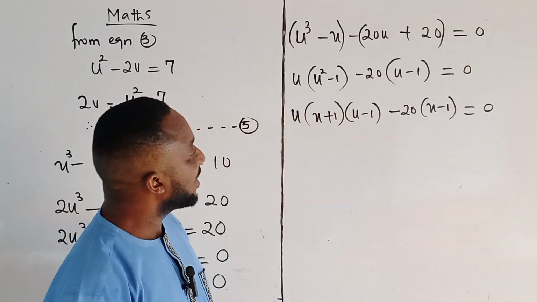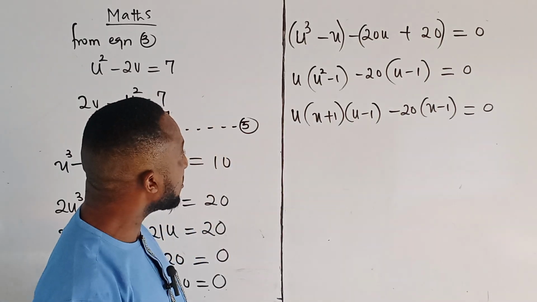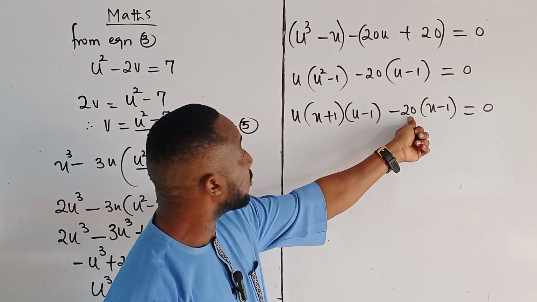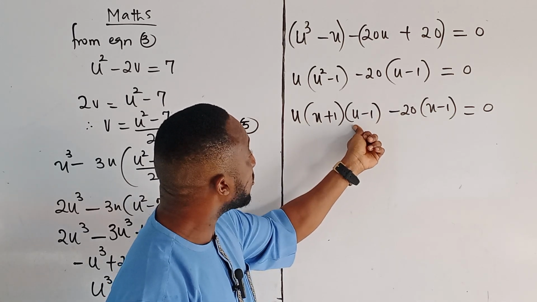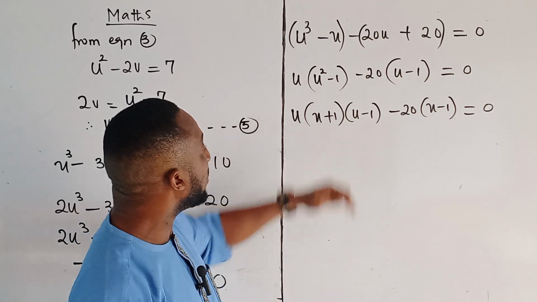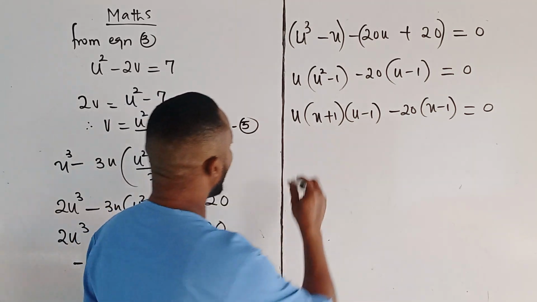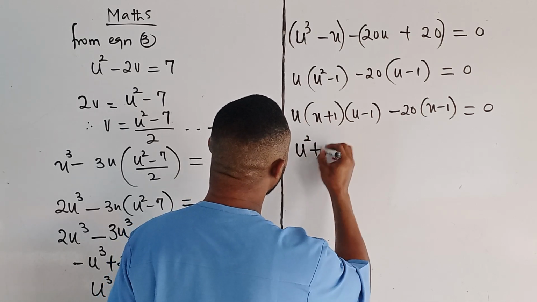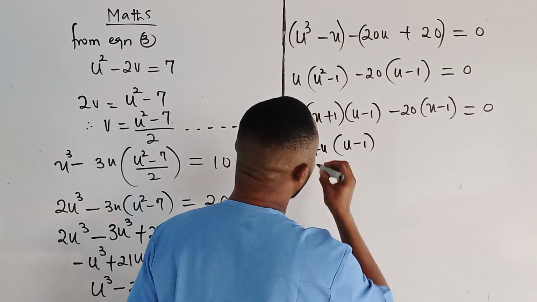So you can see the beauty of this factorization. The escort to u minus 1 here is negative 20. The escort to u minus 1 here are these two, u and u plus 1. So I will multiply u and u plus 1. That will be u squared, then you multiply 1, that will be u. I will write u minus 1.